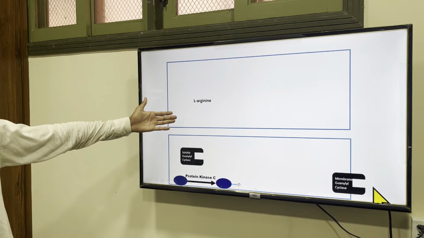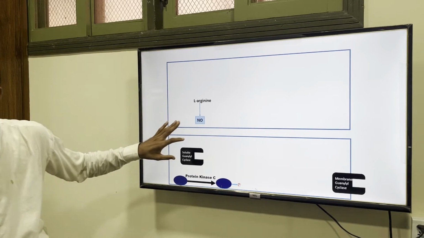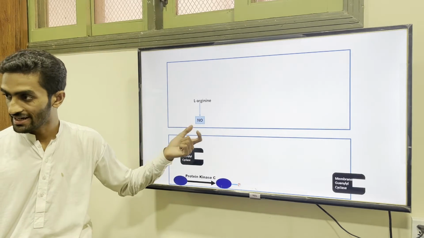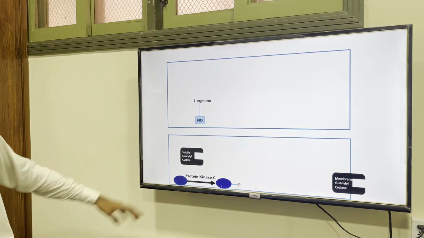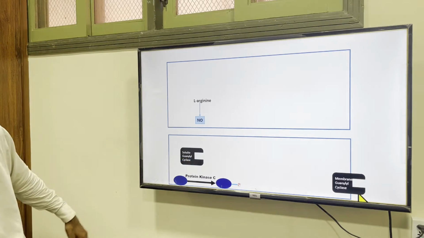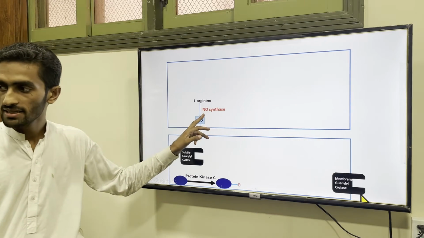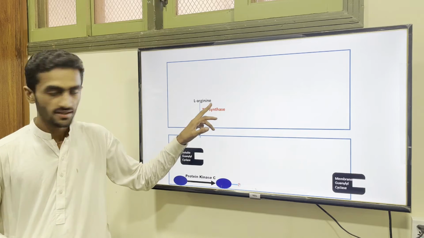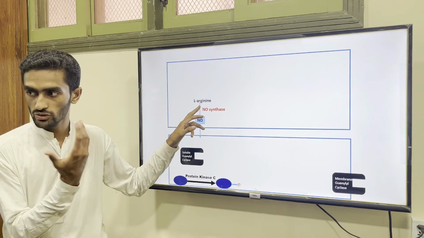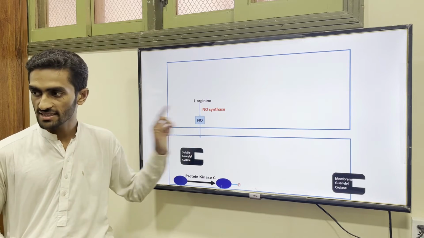Actually there is L-arginine in the nerve cell, which will be converted into NO, the nitric oxide. Before that, we need an enzyme which does the conversion of L-arginine into nitric oxide, that is nitric oxide synthase.